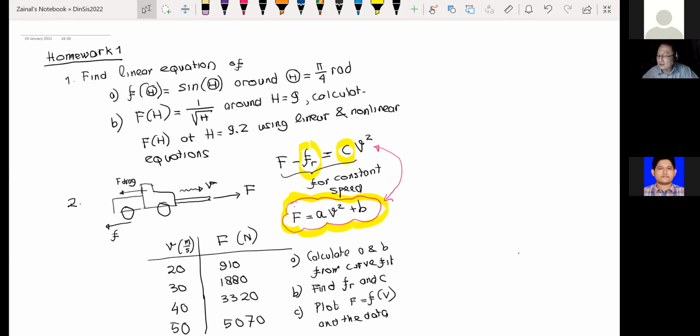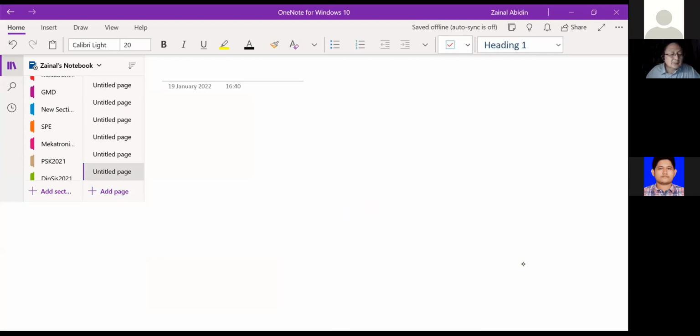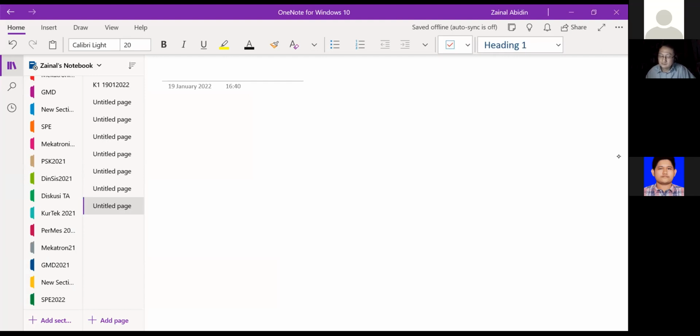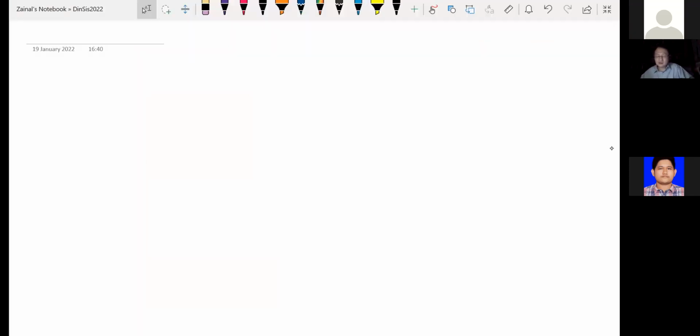Yang tadi ya, sekarang yang tadi saya mau, kita punya persamaan semacam ini. Untuk kasus kita yang tadi, kita punya persamaan, saya tulis dulu supaya gampang lihatnya.